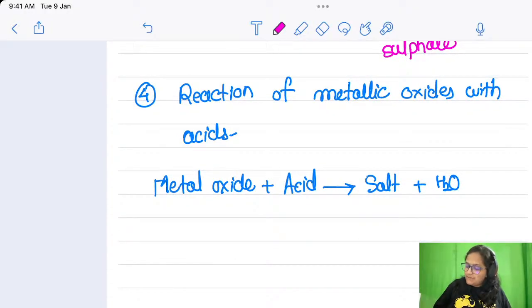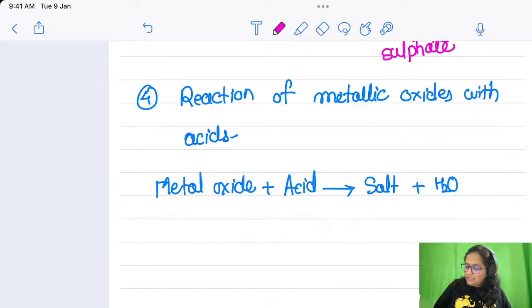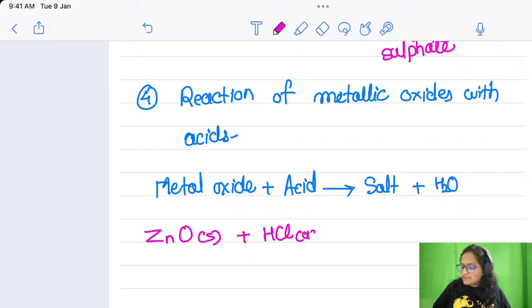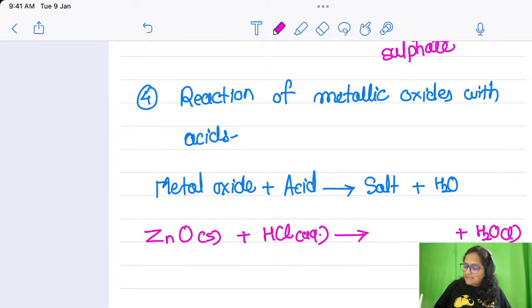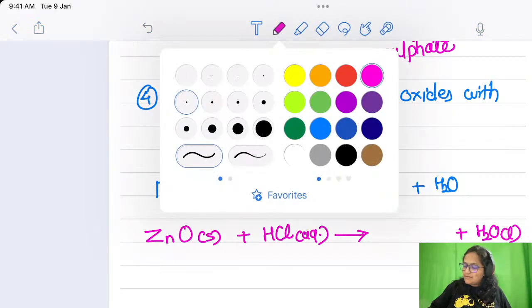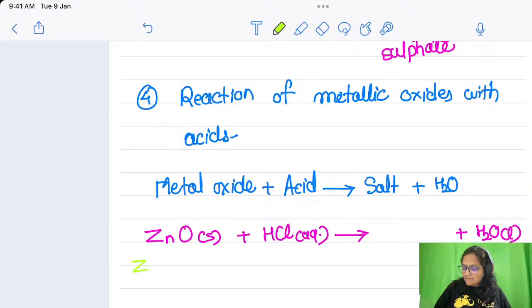Okay, so first of all, example of one metal oxide, ZnO, solid, plus acid, HCl I'll take, aqueous, it will give you water. I will remove that. Let us see what is left. This ZnO is nothing but zinc oxide.